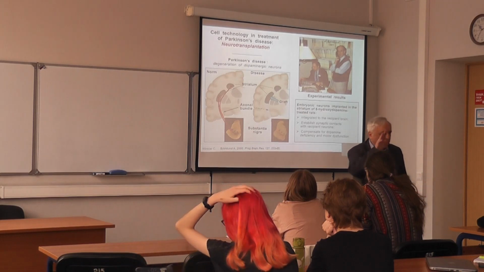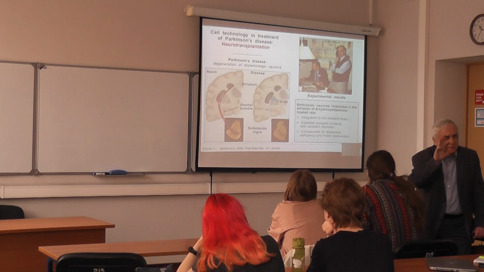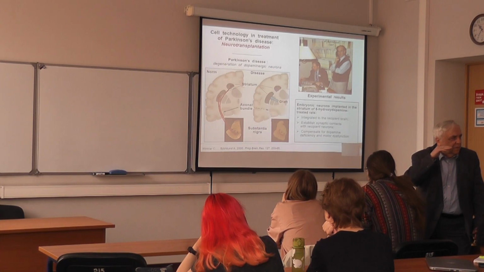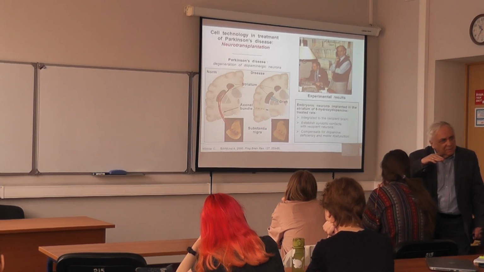So I repeat once again. He developed a model of Parkinson's disease by destroying the dopaminergic neurons of the nigrostriatal system. It provoked the development of abnormal motor behavior in animals.